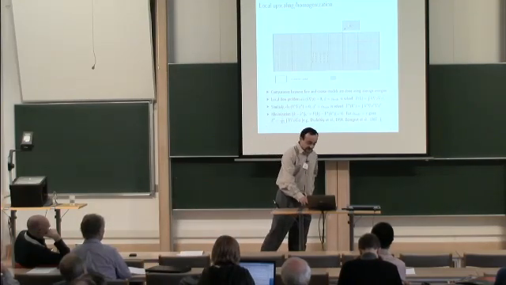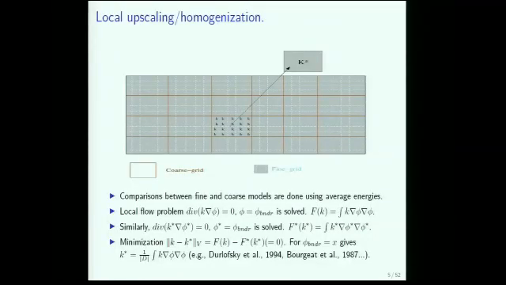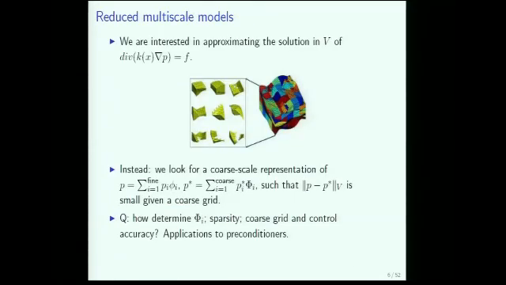So in this case, you still see a concept of permeability, right? But my goal is just to find a reduced model for the solution. So I'm not interested in permeability, because I measure, say, oil production rate and quantities like this. So we're basically interested in approximating the solution of this equation given on a fine grid. Again, this is a fine grid, little lines, and this is my coarse grid.